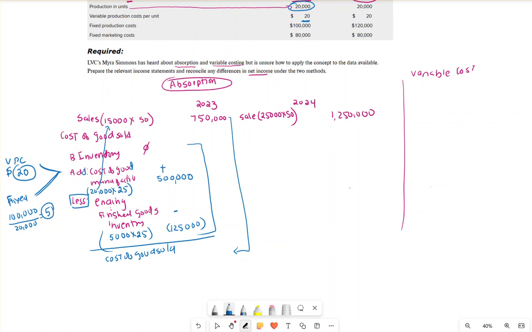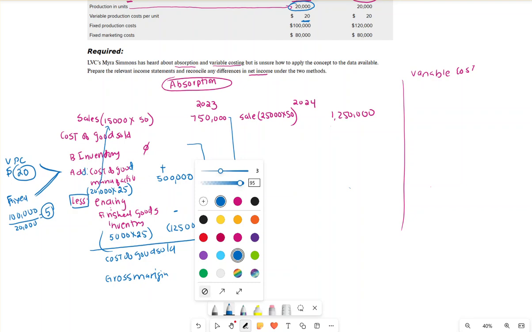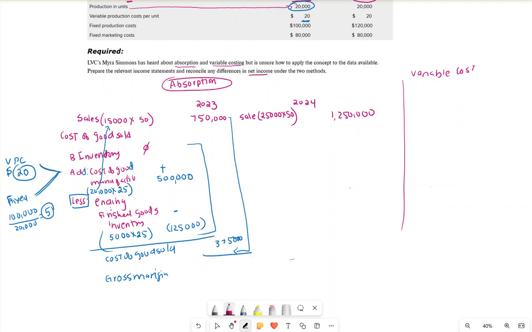In this case, the cost of goods sold is 375,000, and the difference between the both numbers will give me my gross margin. You only have one gross margin.